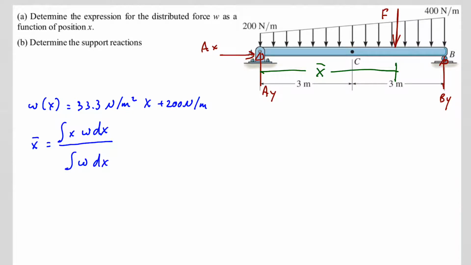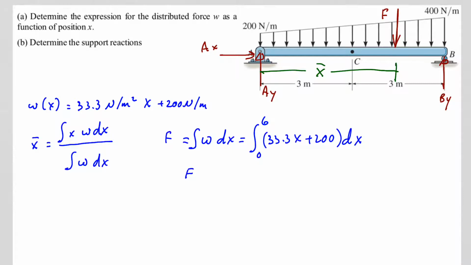So let's look at the denominator first. Again, this is really equal to the integral of F dx. We have our equation for our distributed load that we can put in here. There's our equation.